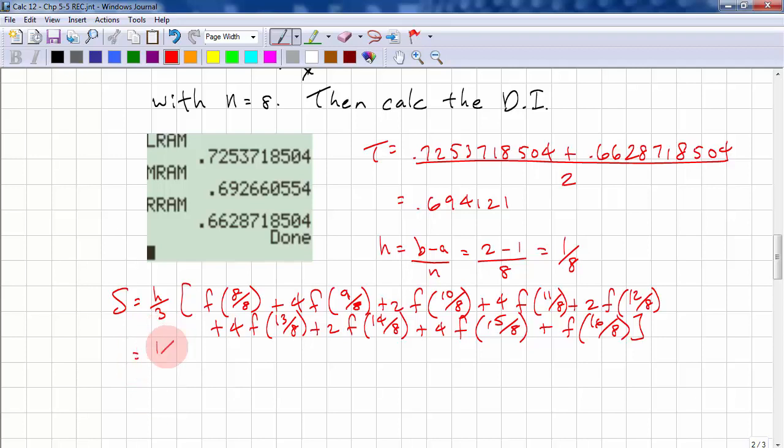We have 1/8 divided by 3. And fortunately, 1 over x is an easy function.